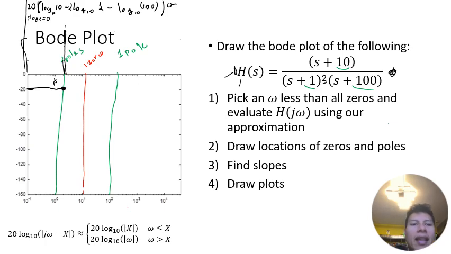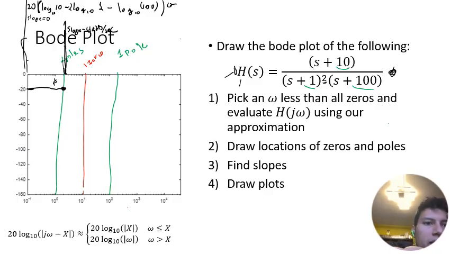At this point, we cross 2 poles. According to my heuristics, we should update our slope to negative 40 decibels per decade, because we cross 2 poles.